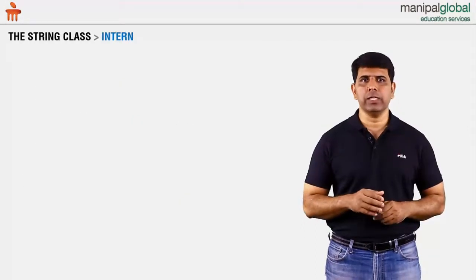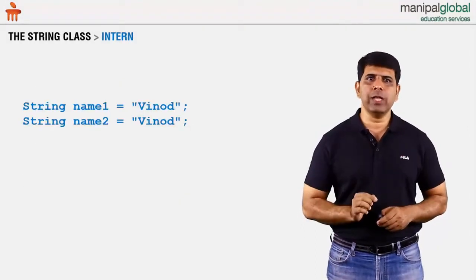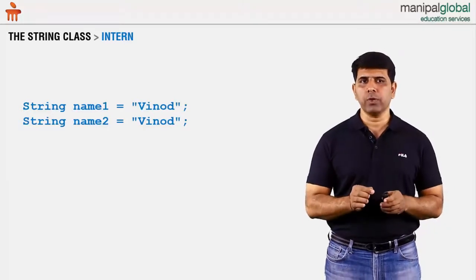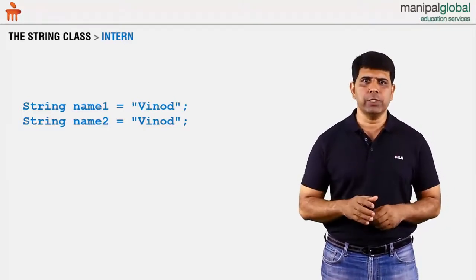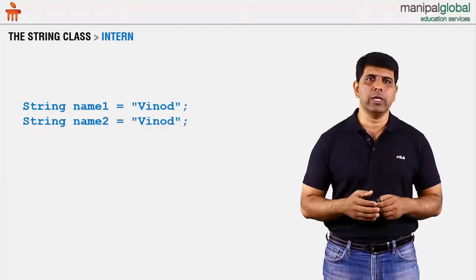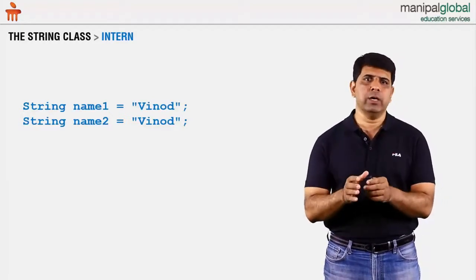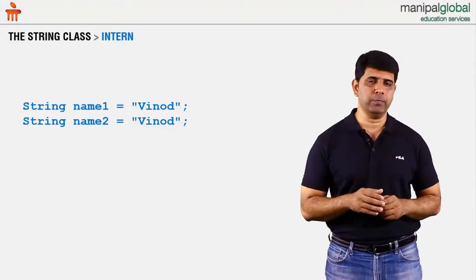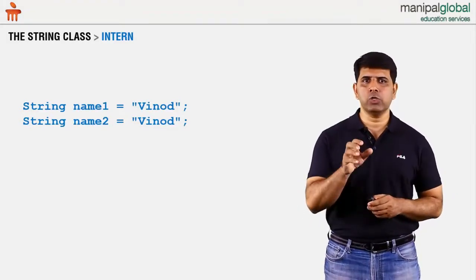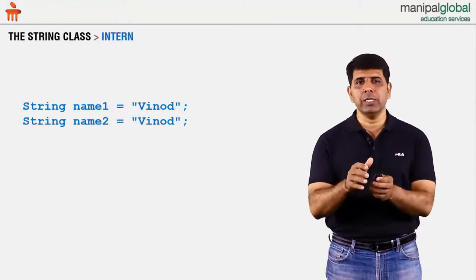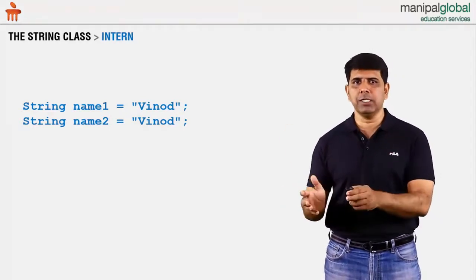So let's have a look at this. Now there are two variables, name1 and name2. Assuming that these are the very first statements that you are executing in a program, name1 equals "Vinod" is a reason for creating a string object. What the compiler is going to do is check whether this text "Vinod" is already there in the intern pool.